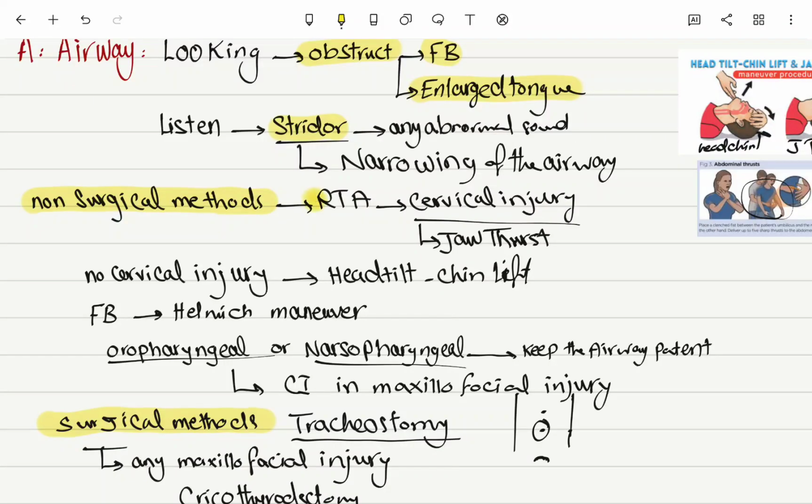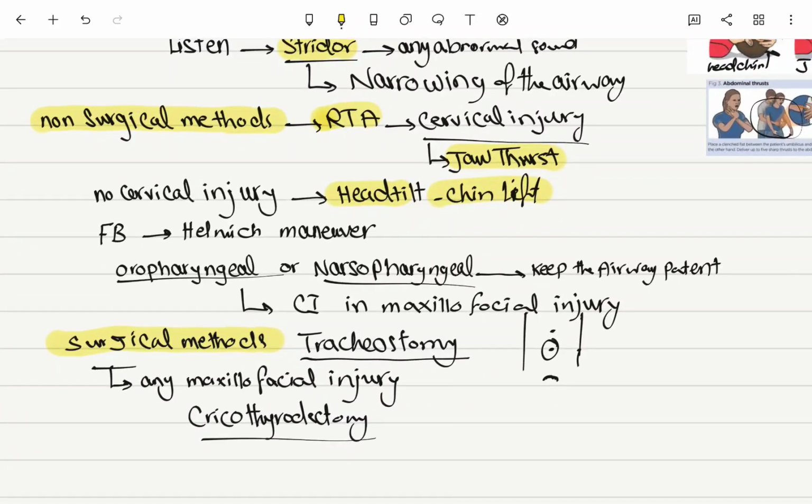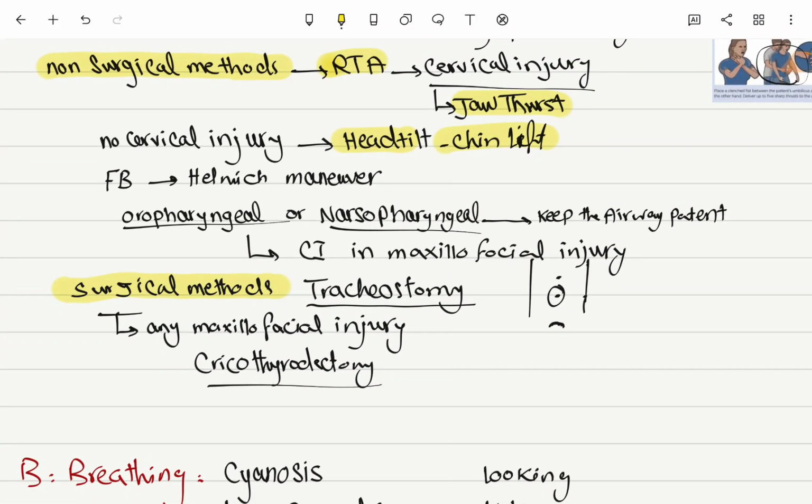If there is an RTA accident, I will see if there is cervical injury or not, but I will suspect that there is cervical injury, so I will do jaw thrust. And if there is no cervical injury, I will do head tilt chin lift to open the airway. It is one of the non-surgical methods, by the way.